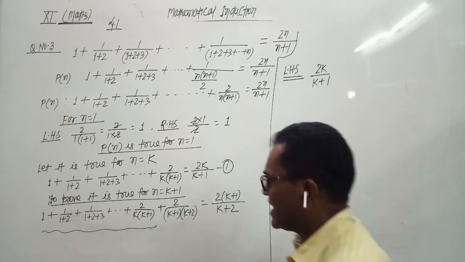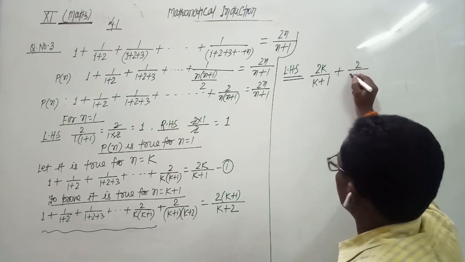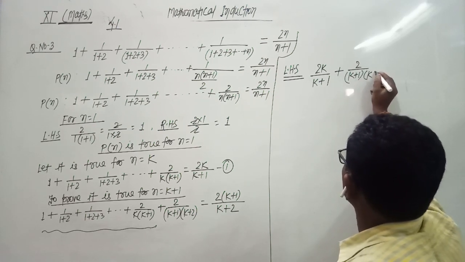And this would be written as it is, plus 2 upon k plus 1 and k plus 2.